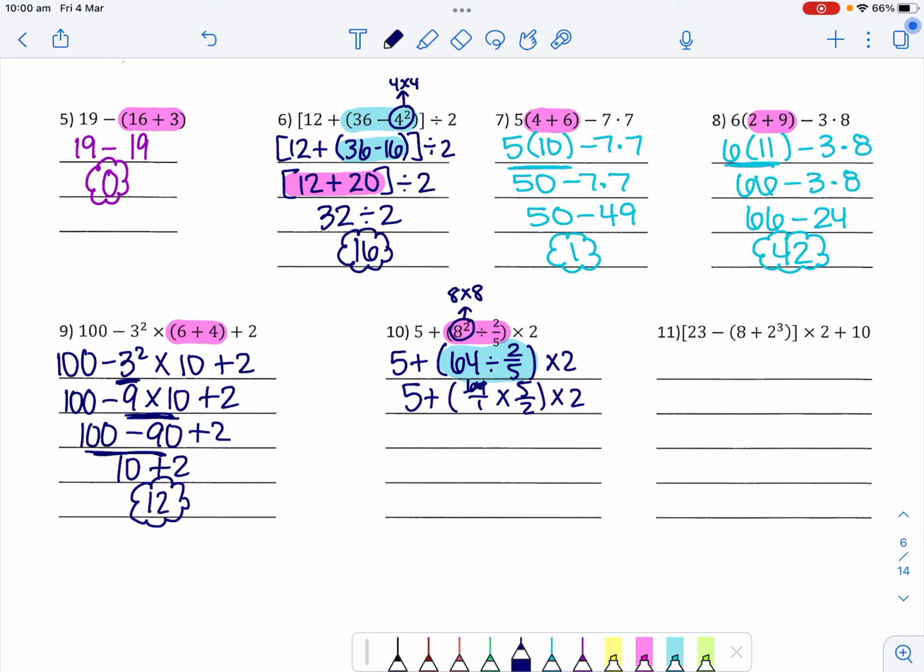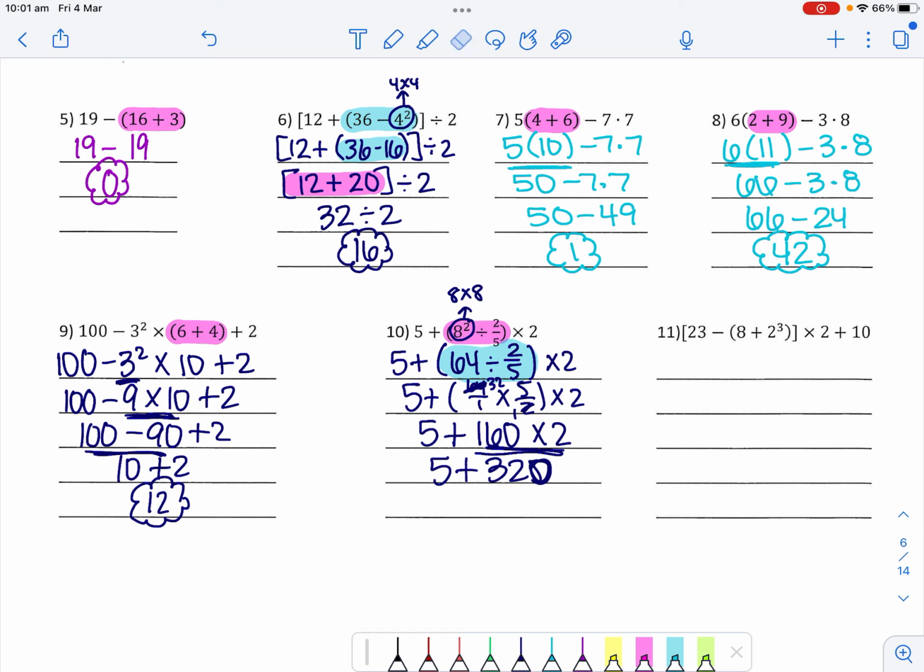So I can cross cancel. This is 32. This is 1. So 32 times 5 is 160. So this is 5 plus 160 times 2. Multiplication, so 160 times 2 is 320.